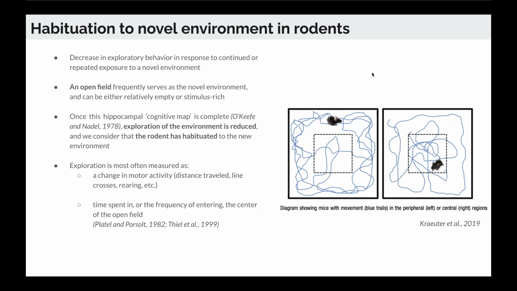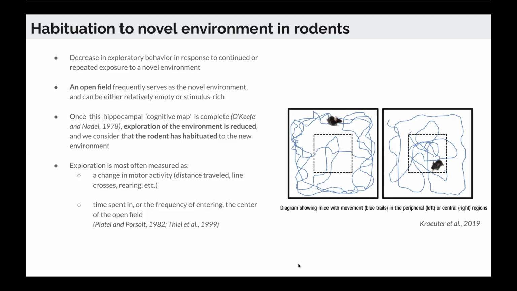A cognitive map is a concept introduced by O'Keefe and Nadel, and it's really important in cognitive neuroscience, especially when you work with mammals. I will cite that paper at the end of the slides, and you can take a look. So basically, once the cognitive map is established, habituation is completed.